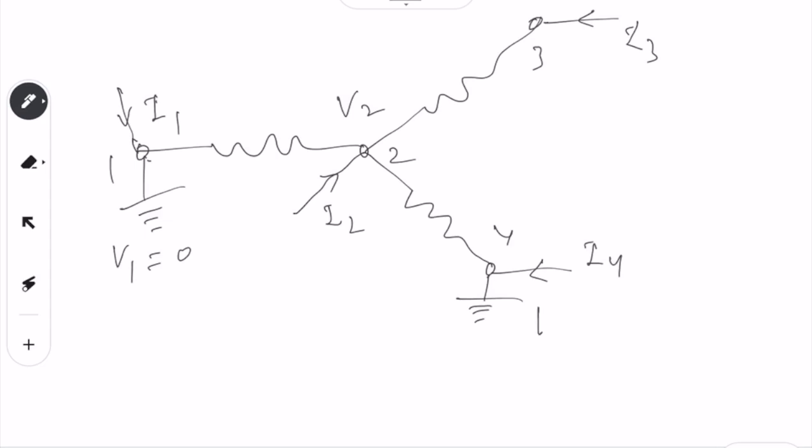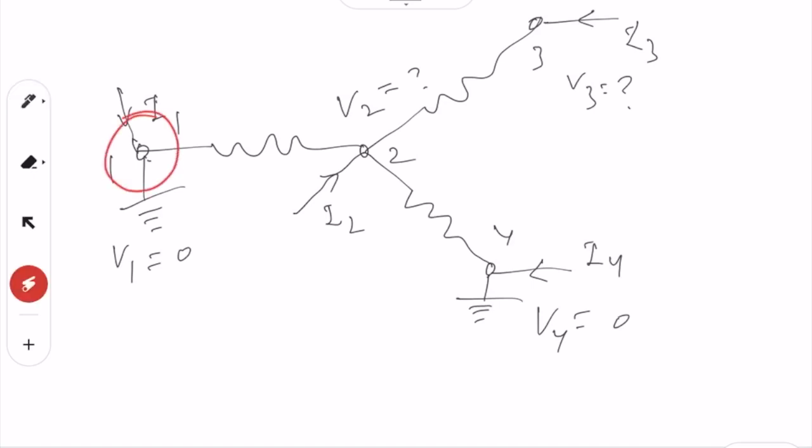So we have V4 equal to 0, we do not know V2, we do not know V3. Now, here we do not know what I1 is, because we have already defined V1. So I1 we cannot define and we have to find it out.